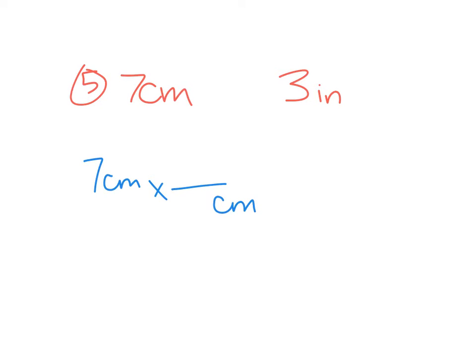Can we do centimeters to inches? Or am I doing a double conversion? No, we can do centimeters to inches, right? How many? 2.54 centimeters for 1 inch? So then I go 7 divided by 2.54, which is what?